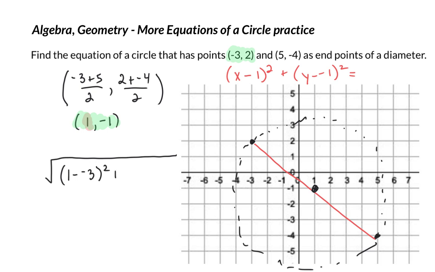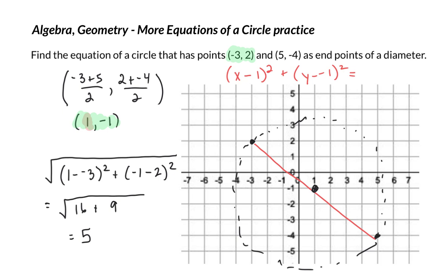And then we're going to do the same thing for the y's. So 1 minus -3 is 4. 4 squared is 16. -1 minus 2 is -3, and squared is 9. Well, 16 plus 9 is 25, and the square root of 25 is 5.